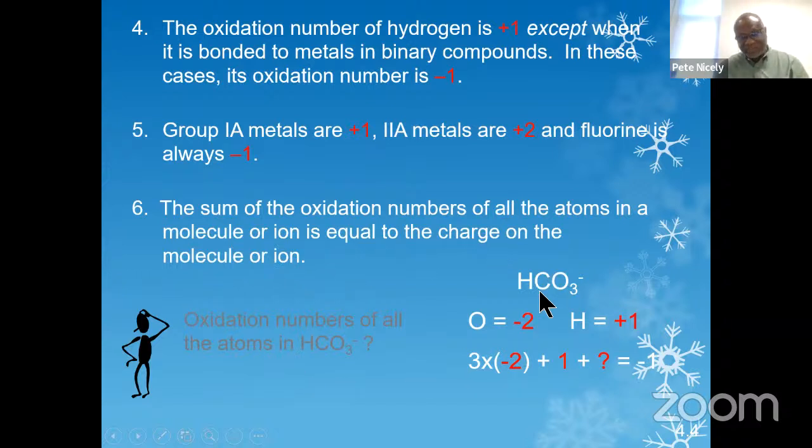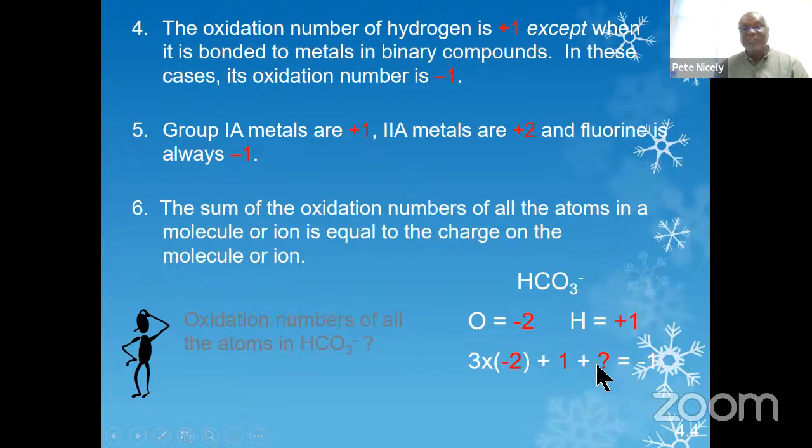So we know that the sum of all the oxidation numbers of all the atoms in this ion would be equal to -1. So we can set up an equation where we take the oxidation number of oxygen, which is -2, and multiply by 3 because there are 3 of them. And we add to that the oxidation number of hydrogen, which is +1, plus the unknown, which is the oxidation number of carbon. And we set that sum to be equal to -1.